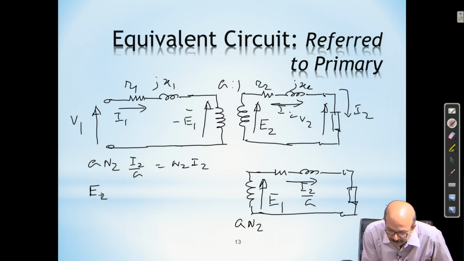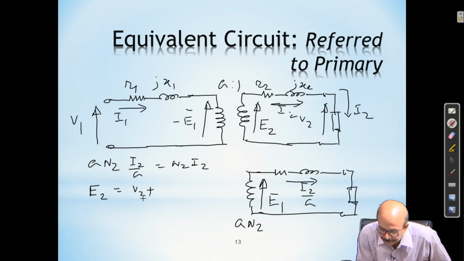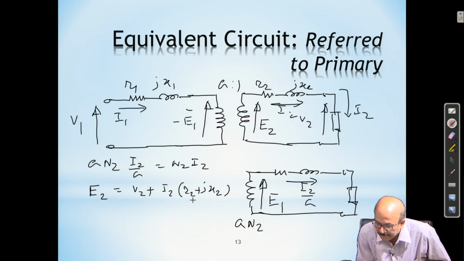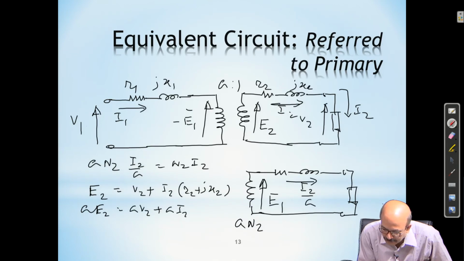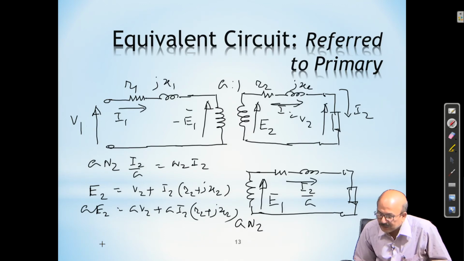The electrical equation was E2 is V2 plus I2 times R2 plus jX2. This was the original equation. If I multiply by a, then this will be aE2, this will be aV2 plus aI2 times R2 plus jX2. Same equation, Kirchhoff's voltage law, only a times.